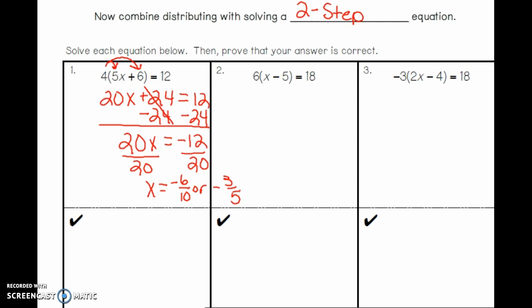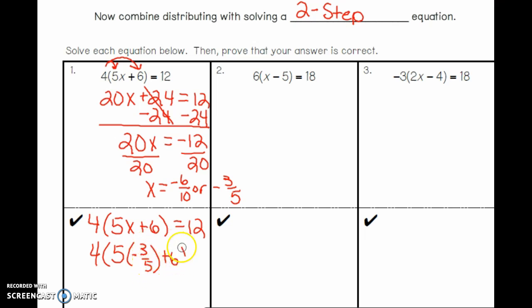Now I have to do my check. The first step of a check is to rewrite the original problem. And I'm going to substitute my fraction in. So I have 5 times negative 3/5 plus 6 equals 12.